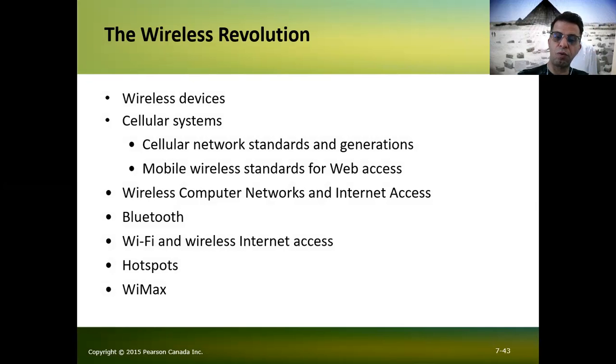Then you have the mobile wireless standard for web access. And then you have the wireless computer network and internet access. You have something called Bluetooth, Wi-Fi, wireless internet access, hotspots, and WiMAX. WiMAX, we said earlier that we are going to talk about it.